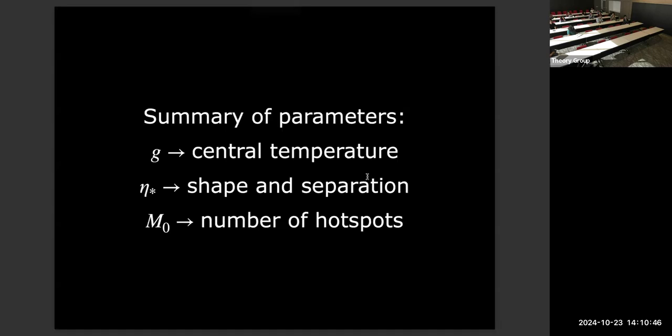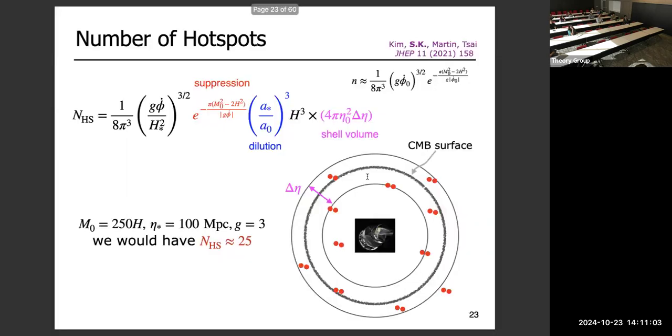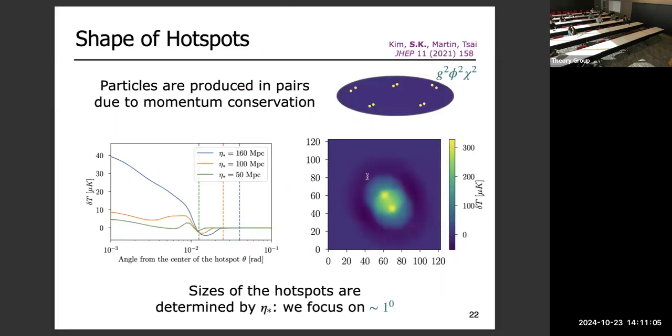All right. Just to summarize, these 3 model parameters are connected to 3 observable parameters. If you crank up G, the overdensities are larger in magnitude. So the central temperature of these pixels also goes up.